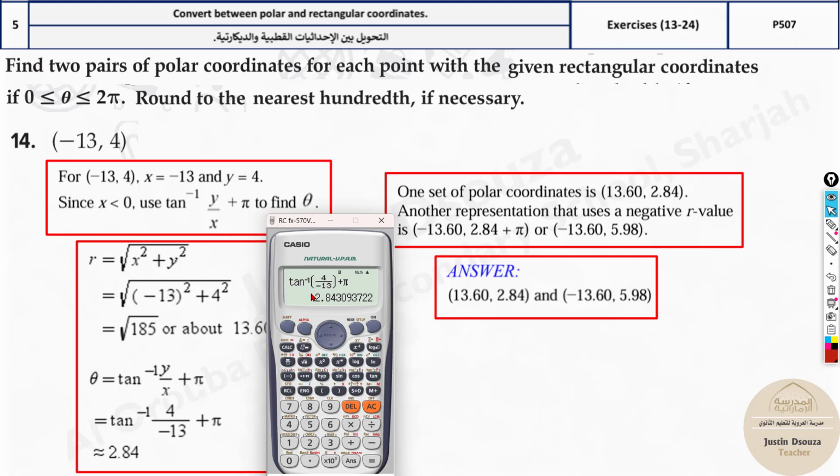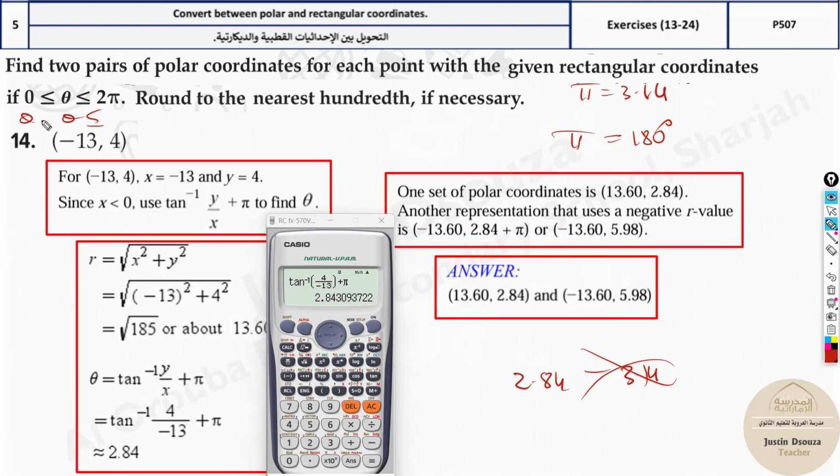So let me subtract pi first. Before I do that, look, the answer is 2.84. What is the pi value? Pi is 180 degrees, but otherwise it's 3.14, isn't it? 2.84 is obviously less than 3.14. If I subtract 3.14, I'll get a negative answer, so that's wrong.